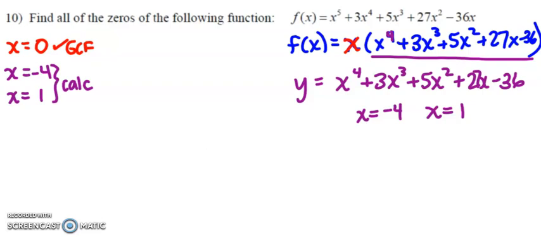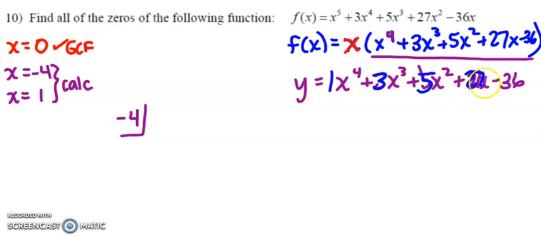So now what we want to do is take our function and divide by the 2 zeros that our calculator gave us. So I'm going to put a -4 up in the box. And then across the top for synthetic, I'm going to pull all of my coefficients, starting with the leading coefficient of 1.